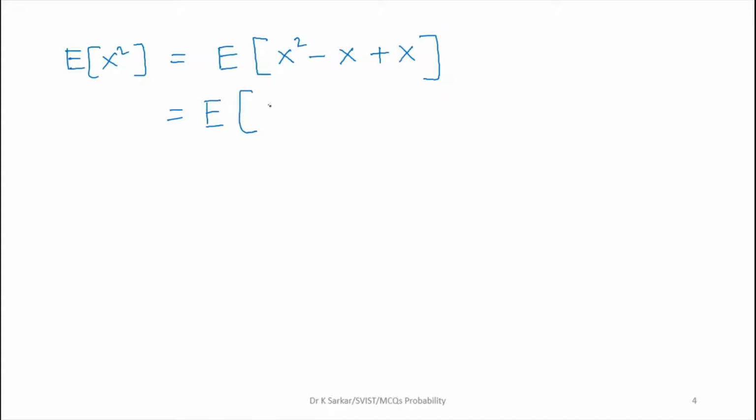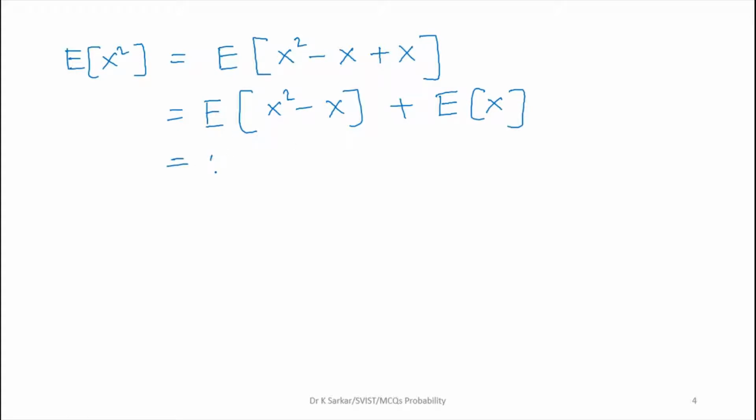Expectation of x square can be written as expectation of x square minus x plus x. So this can be written as expectation of x square minus x plus expectation of x.